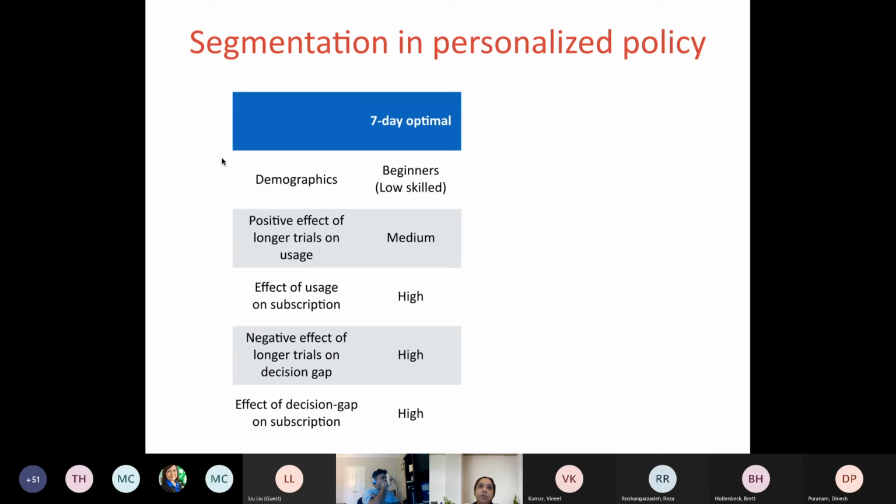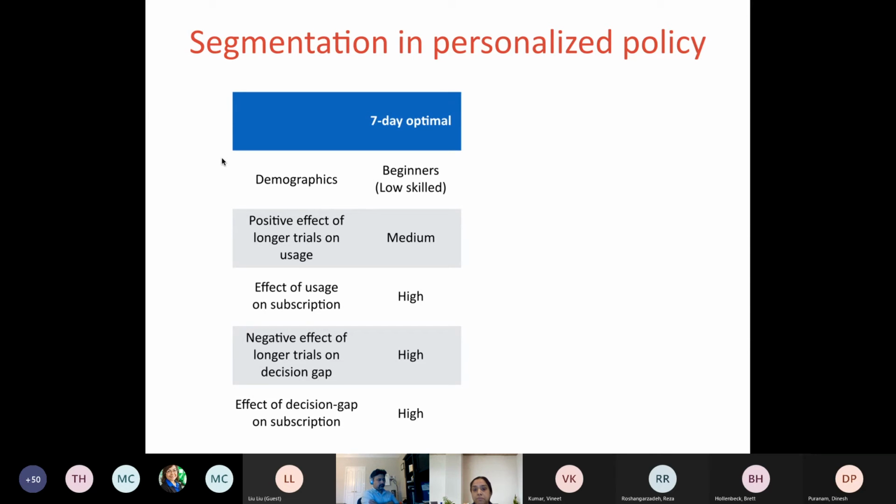At the same time, when you give them longer trials, they go through long periods of inactivity at the end of the trial. This gap between when they stop using the product and when they make the decision is high. And the effect of this gap on subscription is also high, which is not good.